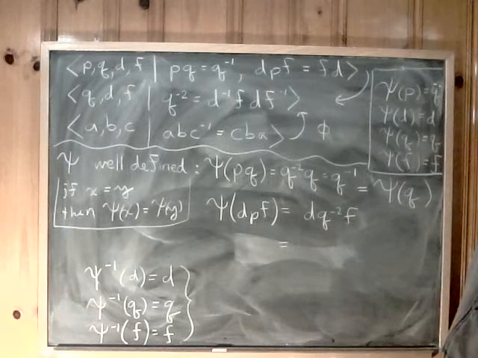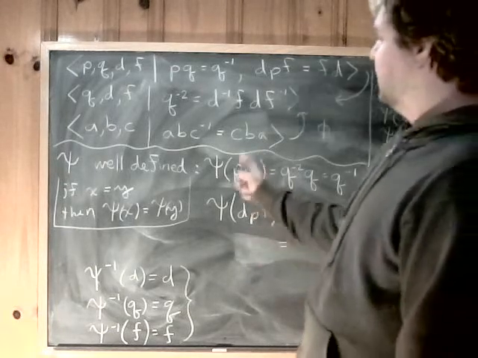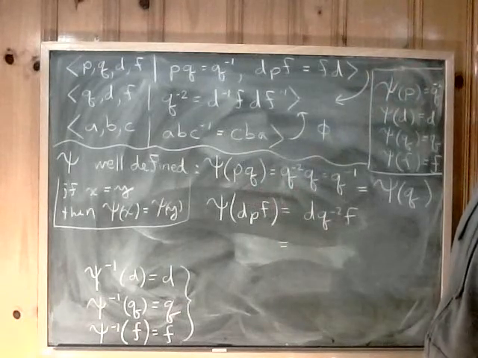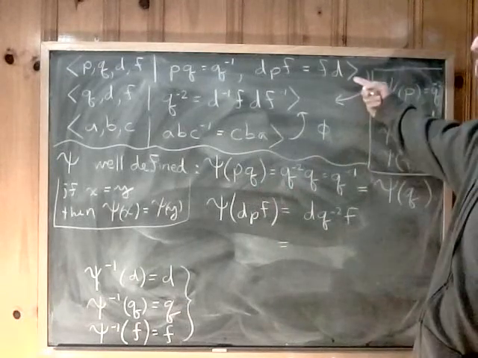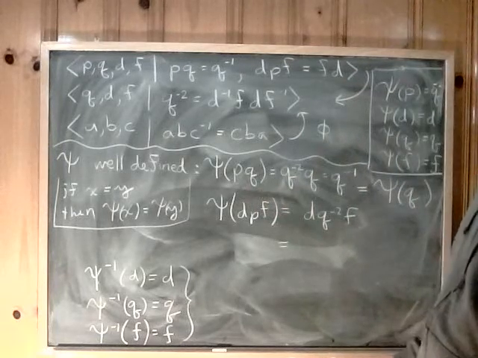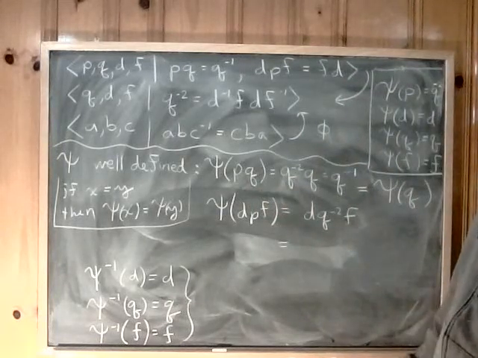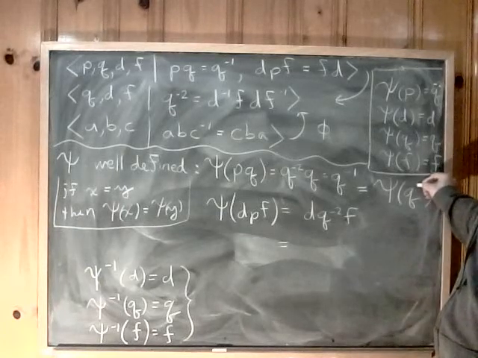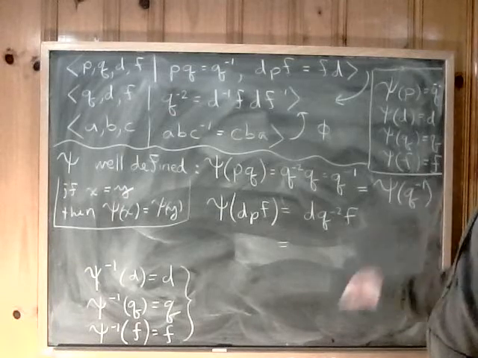So we do need to check, though, that C takes care of equivalences that come through the relations on the first group. So since PQ is equal to Q inverse, we need to make sure that C of PQ equals C of Q inverse, which I need to finish writing. But here it is.